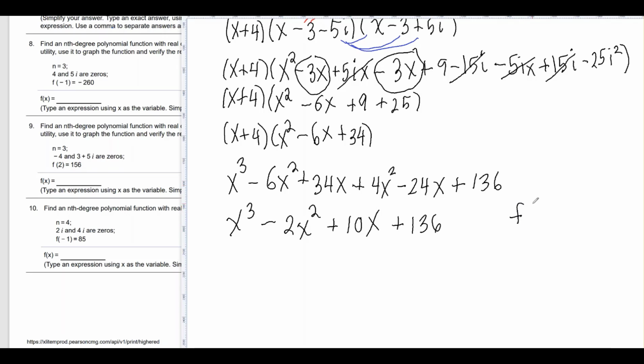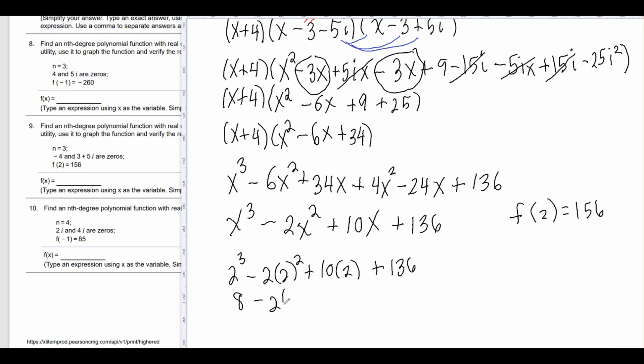Now they tell me f of 2 is supposed to come out to 156. So I'm going to plug in the 2. 2 cubed minus 2 times 2 squared plus 10 times 2 plus 136 is 8 minus 2 times 4 plus 20 plus 136.